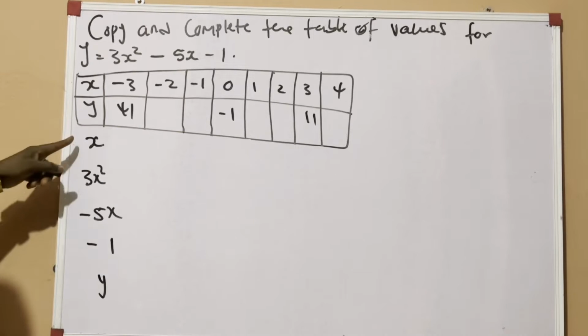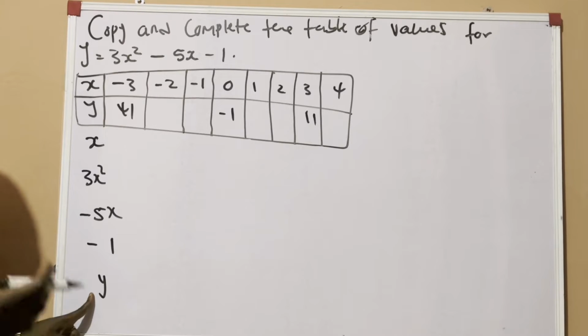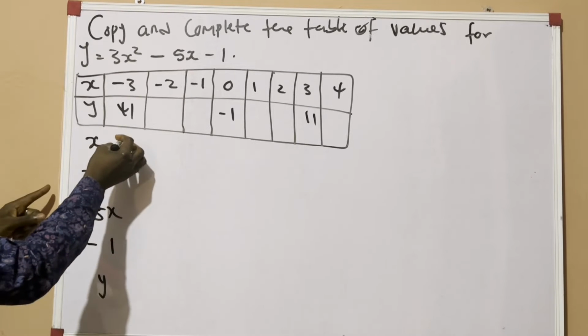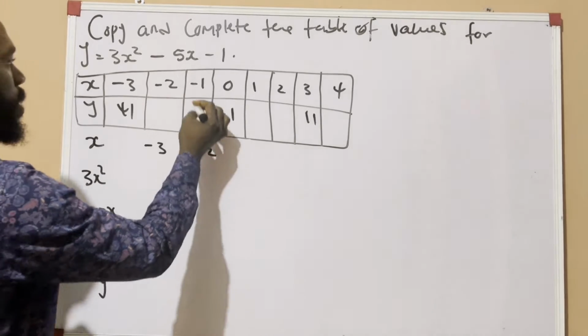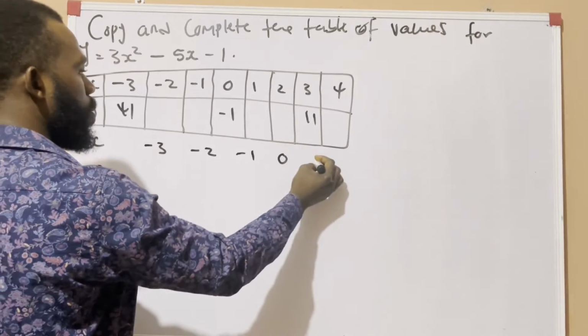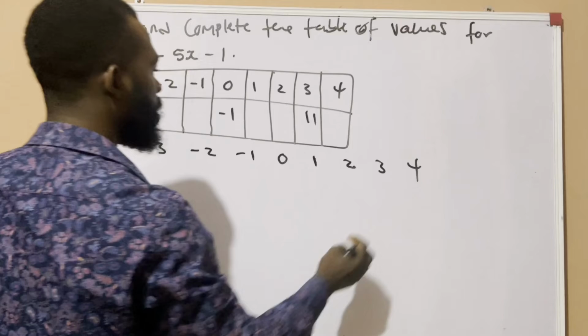So you see, you begin with x, and then you end with y. Now, let us begin. According to x, we have negative 3, negative 2, negative 1, 0, 1, 2, 3, and 4.